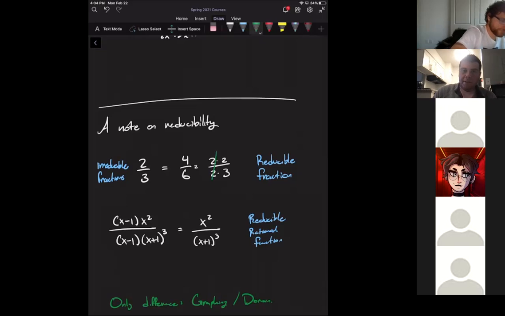So we get something simpler. So it's irreducible. Irreducible is the simplest. And if it's reducible, it could be simpler.